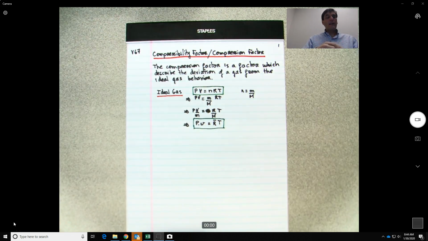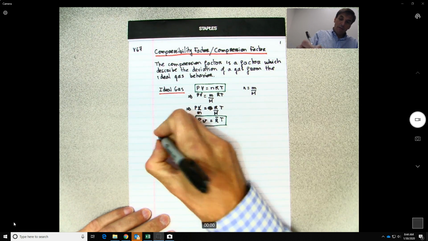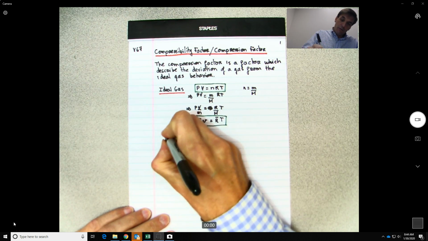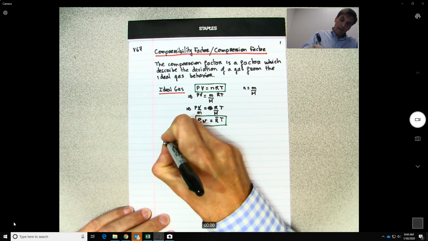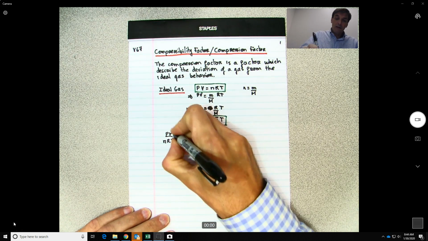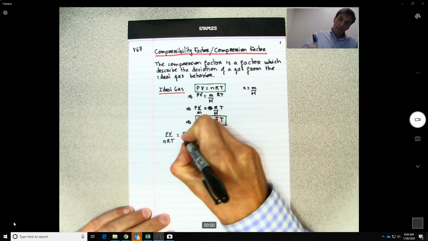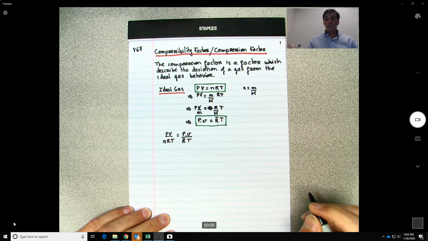Okay, so if a gas behaves as an ideal gas, what does that mean? Basically, it will mean that the ratio PV divided by nRT should be equal to 1, okay? Which is the same as saying that P times specific volume, divided by R bar T, should be equal to 1.